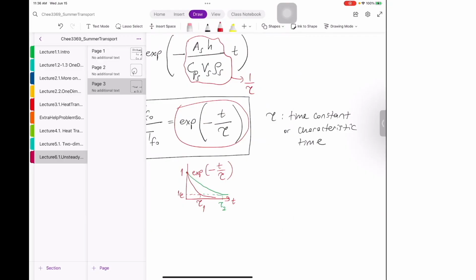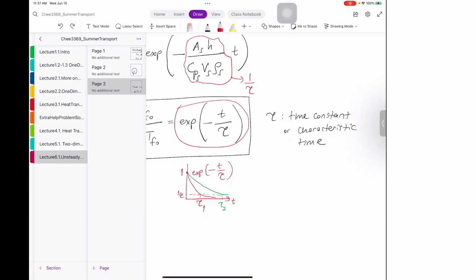So if you, for example, take a tiny piece of copper placed in 1 meter cube of water, the fluid is so large. And then you have a particular tau 1, which you can calculate from this expression because you know the A_s, you know the h, you know the c_p,s, and so on. You can calculate it for another system.